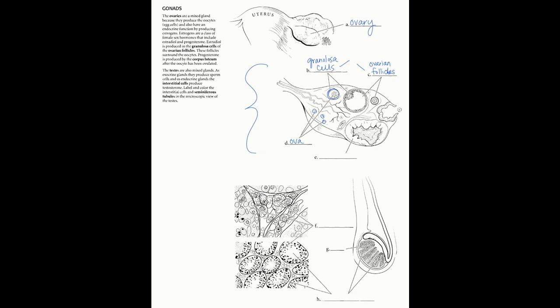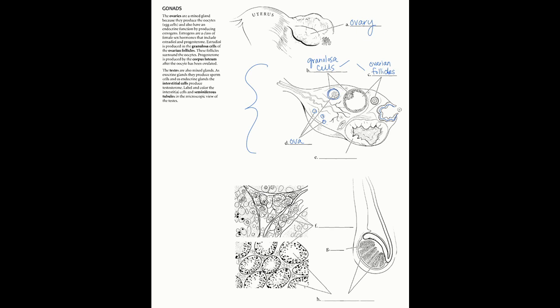And then once that egg is ready, we are going to have an exocytosis of the follicle. So the follicle is going to essentially rupture and release that egg into the fallopian tube. That's why, unfortunately, menstruation can be painful, because you have this rupturing occurring to release the egg.